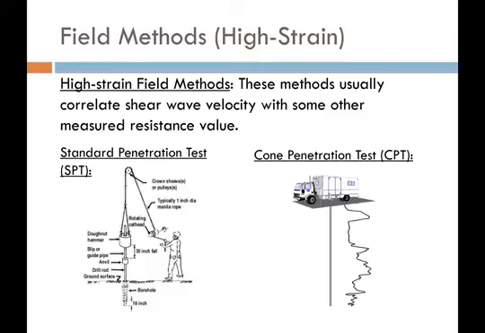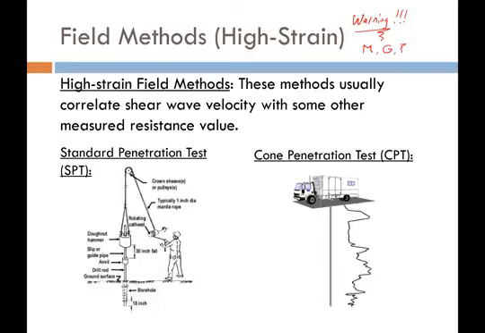Something that I need to warn you about when we talk about high strain. You've got to be aware of what's going on. When we talk about dynamic properties of soil, folks, we're talking about shear or constrained modulus, we're talking about shear modulus, we're talking about damping, we're talking about all of these properties that relate to the elastic nature of the soil.